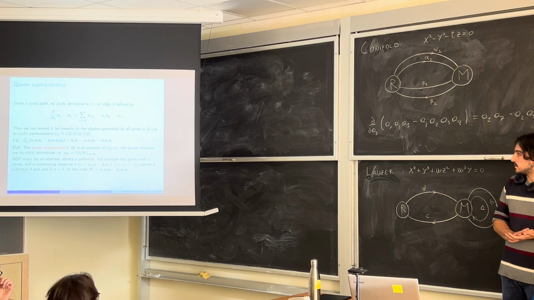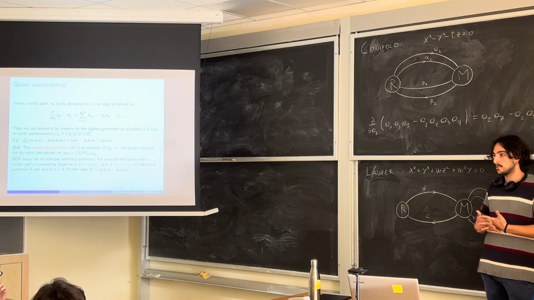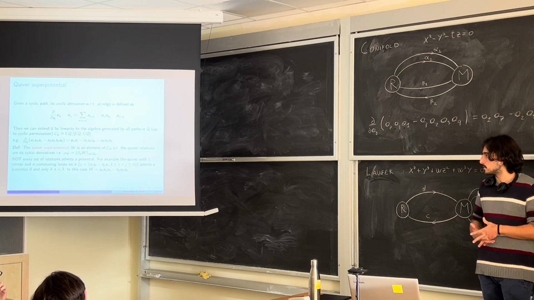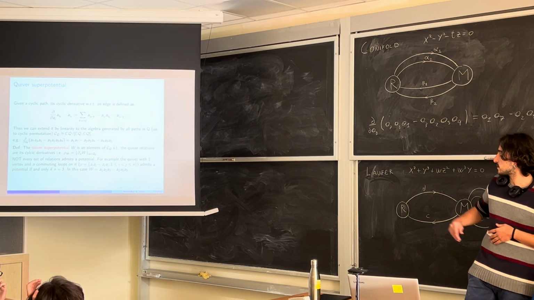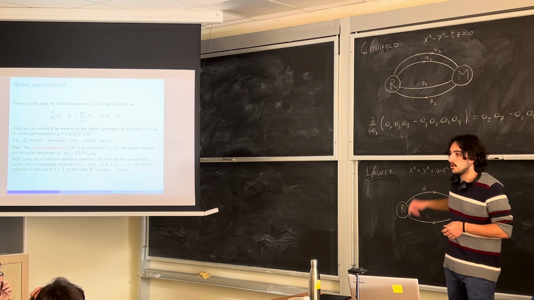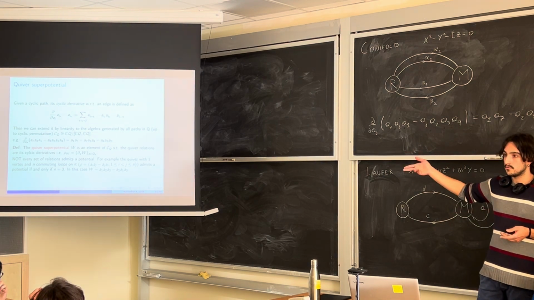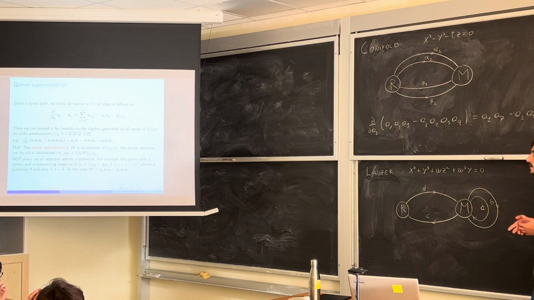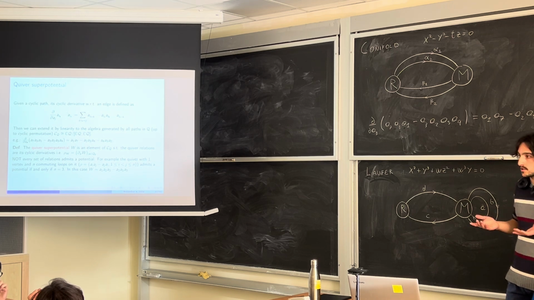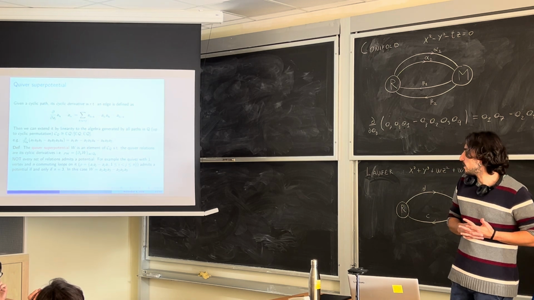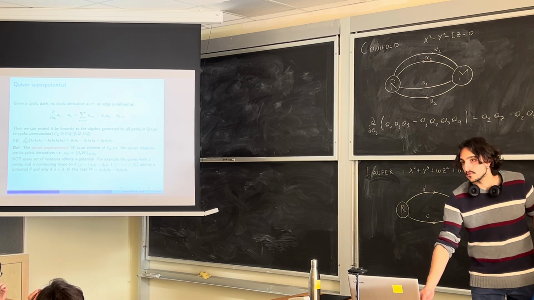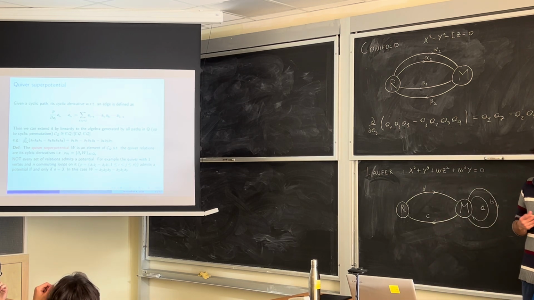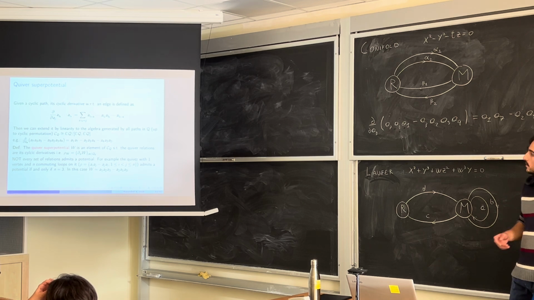We say that a quiver with relations admits a superpotential if the relations can be expressed as cyclic derivatives of a superpotential W, which is just a linear combination of cyclic paths. And of course, not all quivers with relations admit a superpotential.